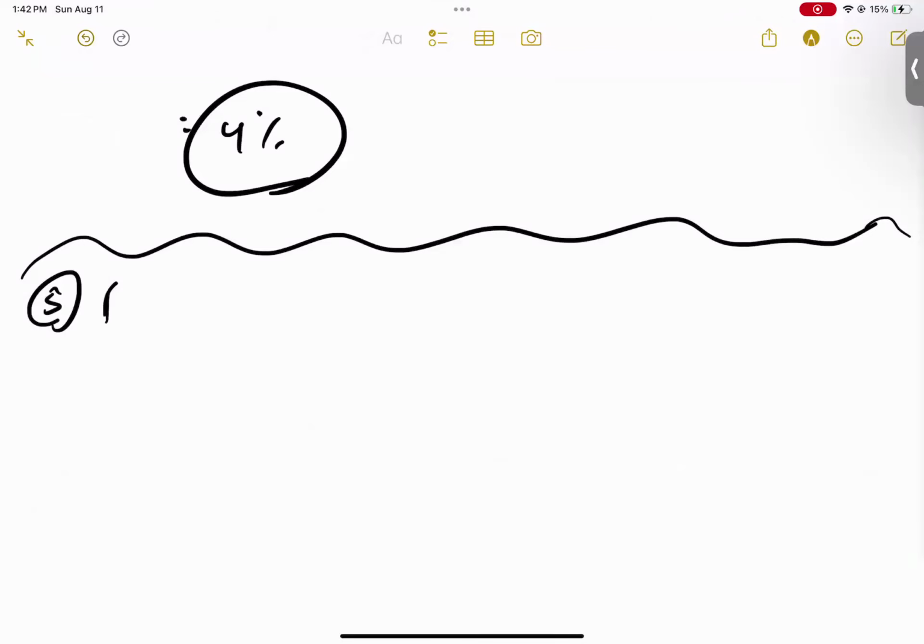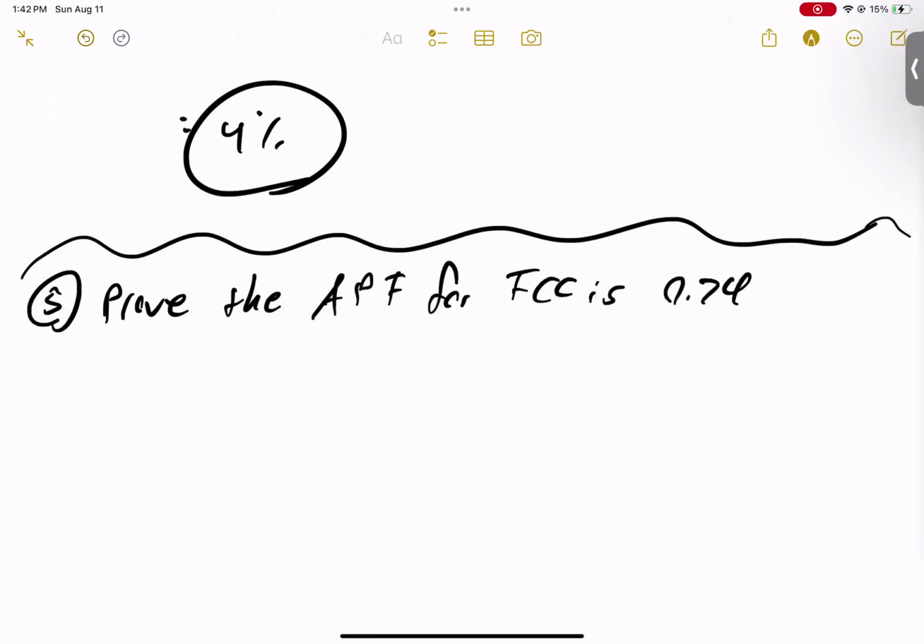The question is, prove the atomic packing factor, APF, for FCC is 0.74. I would put a star next to this one because the PSET that you will be receiving later has a lot of questions very similar to this.